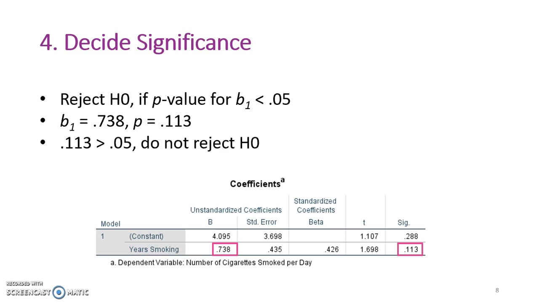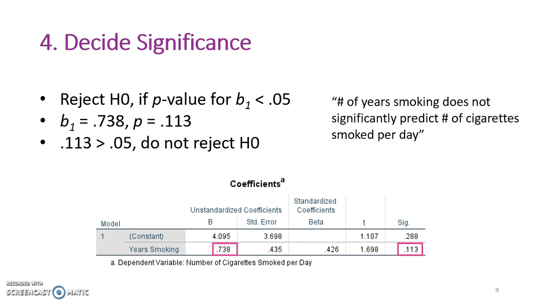So the B1 parameter estimate is 0.738, and the associated p-value is in the column all the way to the right in that same row, and it's 0.113. So if we plug that into the rejection rule, 0.113 is greater than 0.05. So we will not reject the null hypothesis for this particular analysis. The way we would interpret this is we would say number of years smoking does not significantly predict number of cigarettes smoked per day.